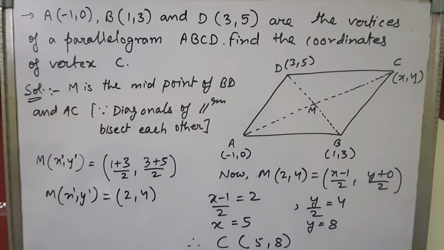Equating the abscissa and ordinate, x minus 1 upon 2 is equal to 2, and y plus 0 upon 2, that is y by 2, equals 4. When we cross multiply and solve, we'll get the value of x as 5 and y as 8. So the coordinates of vertex C will be 5 comma 8. Alright children, please note down the solution.